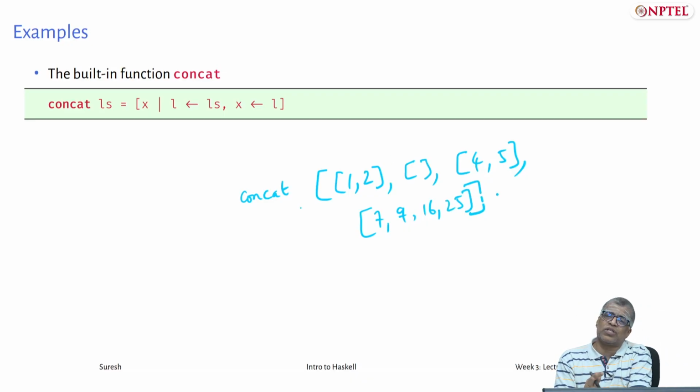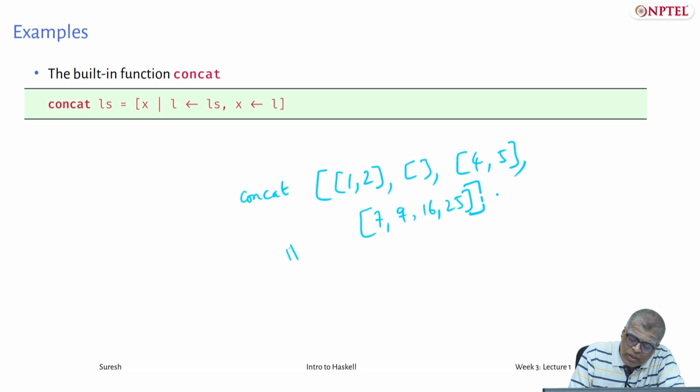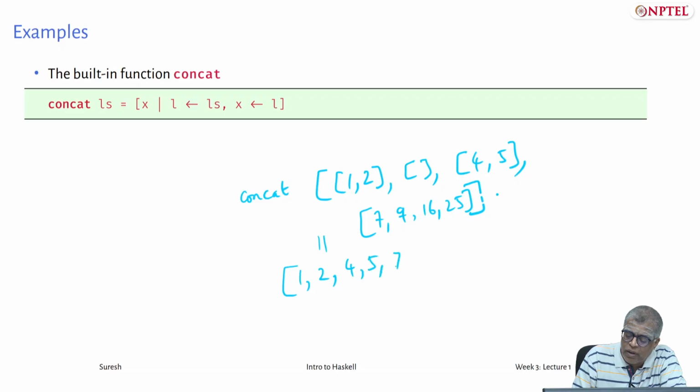Each of those lists consists of a different number of expressions. That does not matter. But the point is that it will put all the lists in one sequence and make one list. So this concat will actually return the list 1, 2, 4, 5, 7, 9, 16, 25.